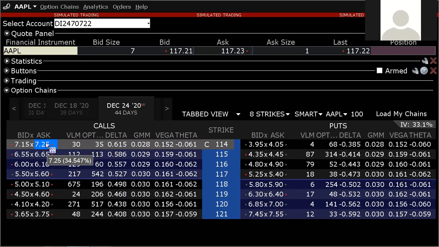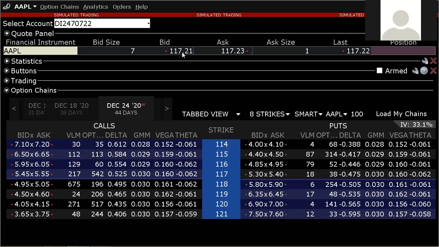And for the time value, you see the IV is 34.54. If you keep everything else constant and you reduce that IV from 34 to 24, then this price will all drop. The prices will all drop, even though the strike is not changing. This is not moving anywhere. This is not dropping.